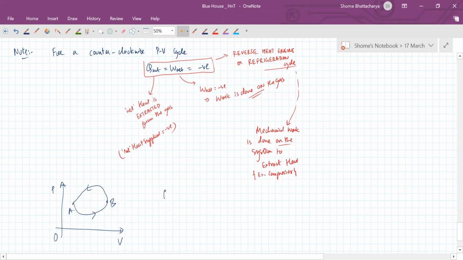So you can see that this is the work done during the cycle, but this time the positive part will be small. If this area is A2, this part is plus A2.